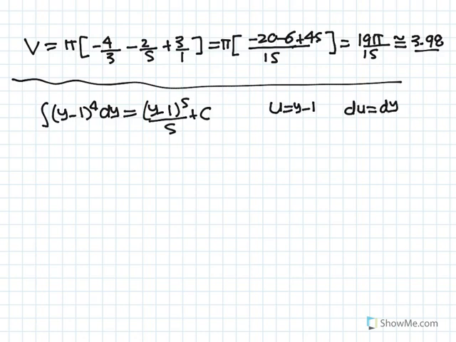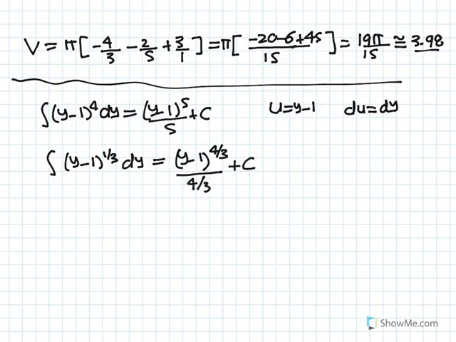We also had the integral of (y minus 1) to the 1/3 dy. So the result was (y minus 1) to the 4/3 divided by 4/3 plus c. And again, the rule is U substitution. We let u be the inside function. u is y minus 1. Differentiate both sides, we get du equals dy.